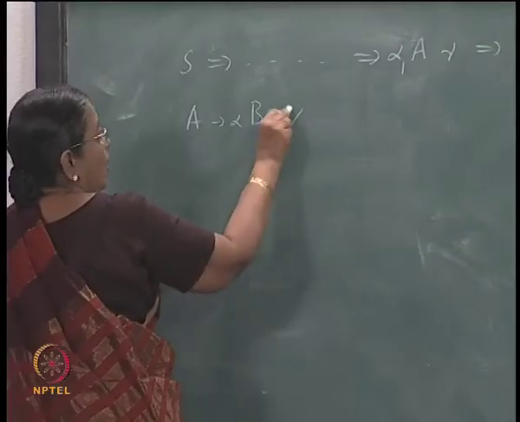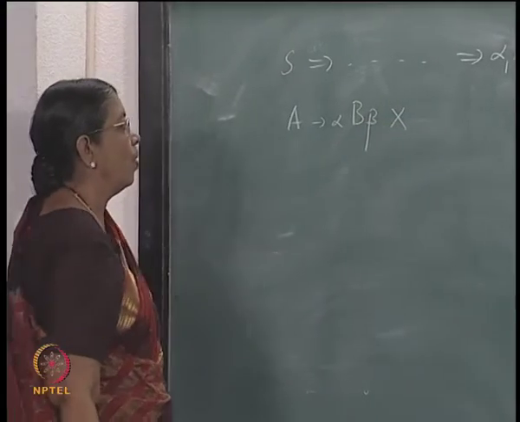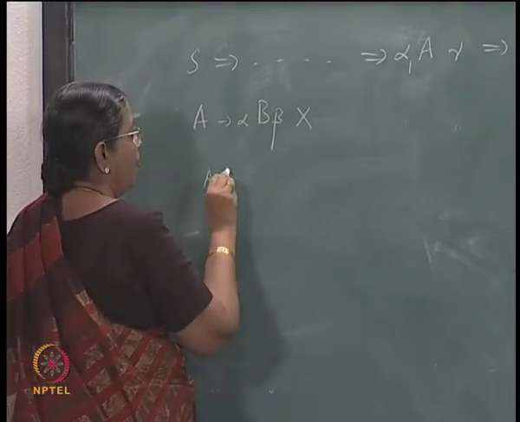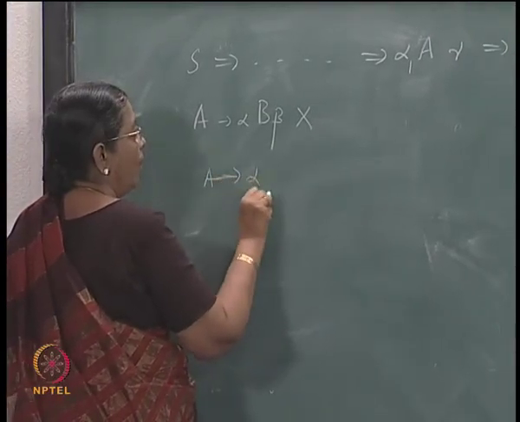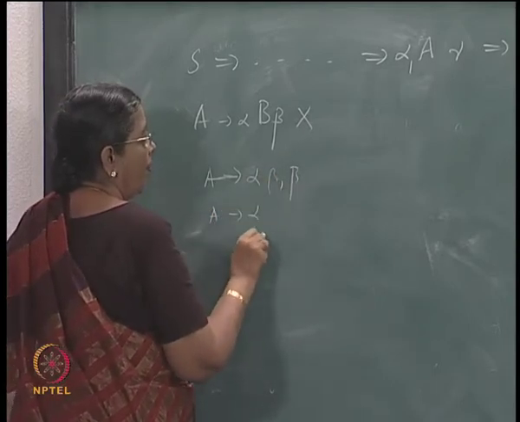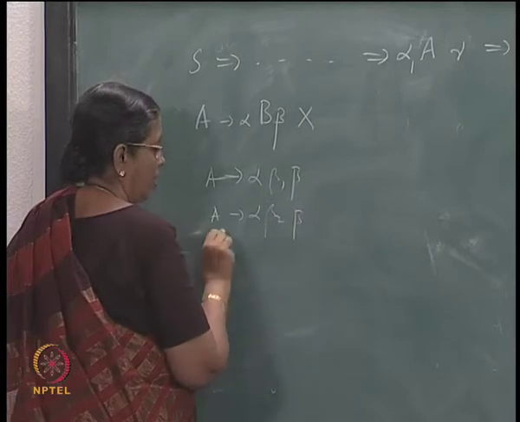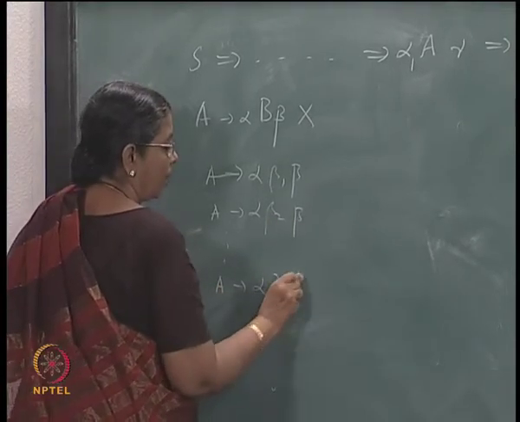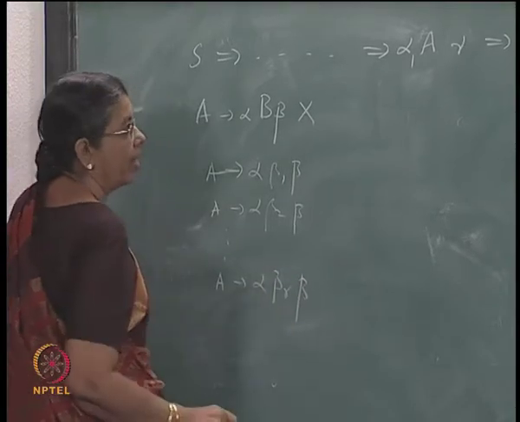Now, this rule you want to remove. Now, when you remove this you are adding the rules of the form A goes to alpha beta 1 beta, A goes to alpha beta 2 beta and so on, A goes to alpha beta r beta, such rules you are adding.